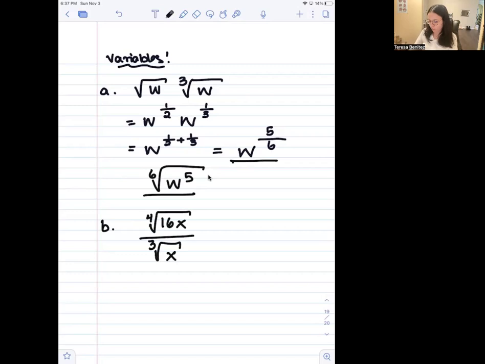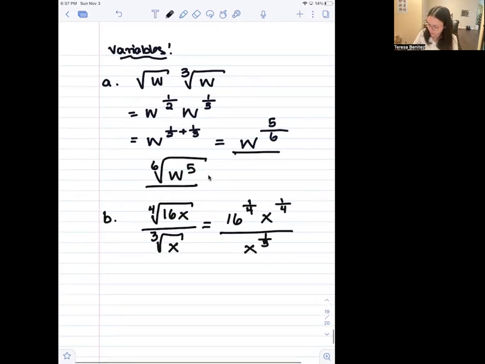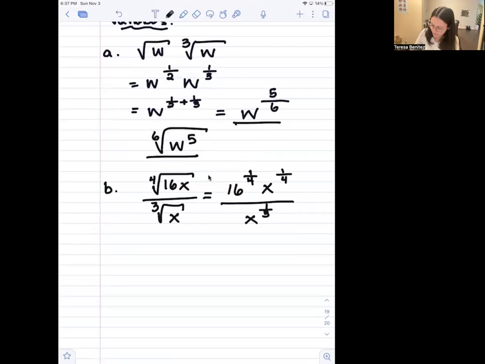All right, so this is the same as finding 16 to the power of 1/4, and x to the power of 1/4, because of what I highlighted up there every time I scrolled when I'm changing from radical to rational exponent notation, and I have x to the power of 1/3 in the denominator. 16 to the power of 1/4 means what number multiplied by itself 4 times gives me 16. That will be equal to 2.